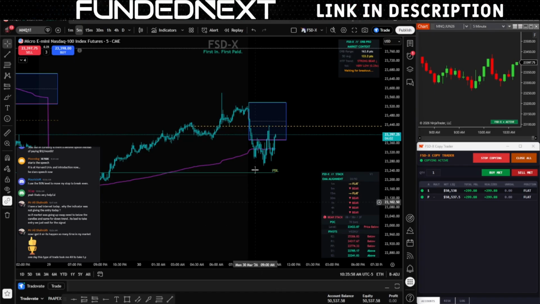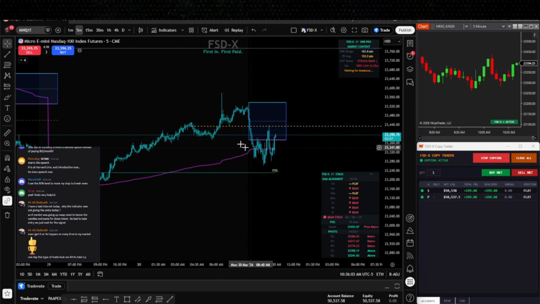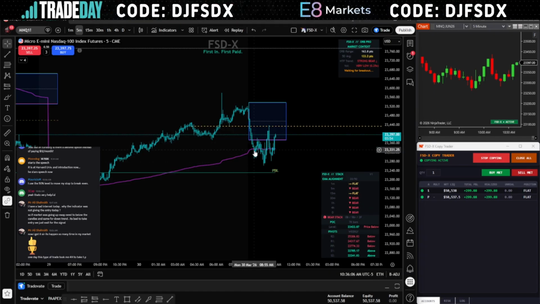It would be kind of nice if we retested bottom side ORB. You can just write that to the top, but with this price action, I'll just wait.